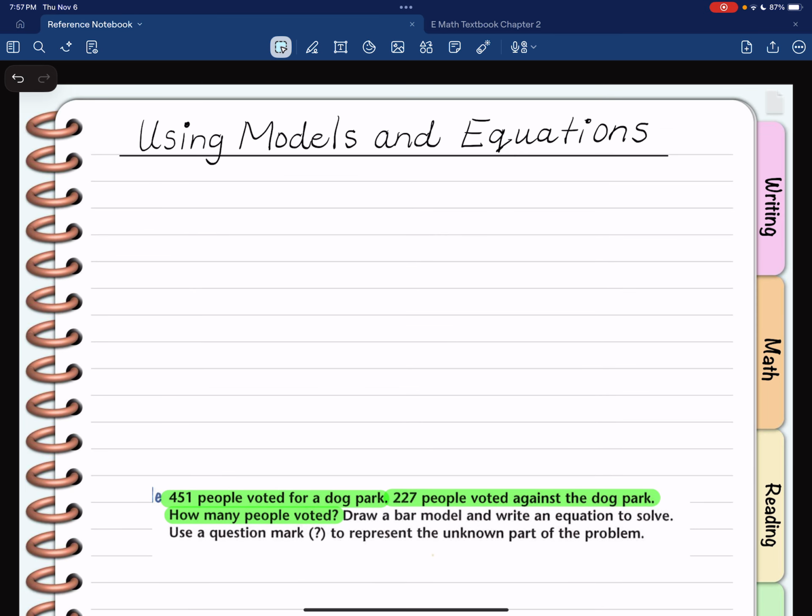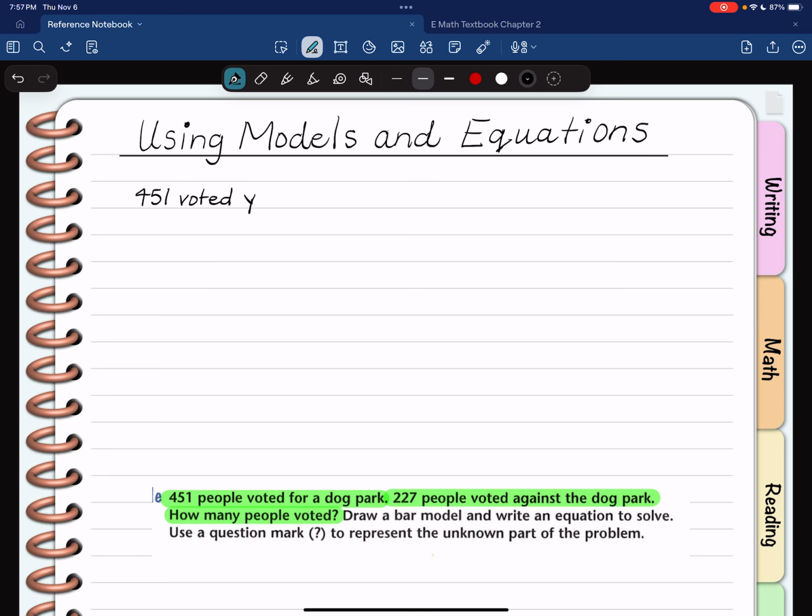Okay, so they told us that 451 people voted for the dog park. So that's yes. They asked the neighborhood, do you want a dog park? 451 said yes. 227 said no. And they want to know how many people voted.